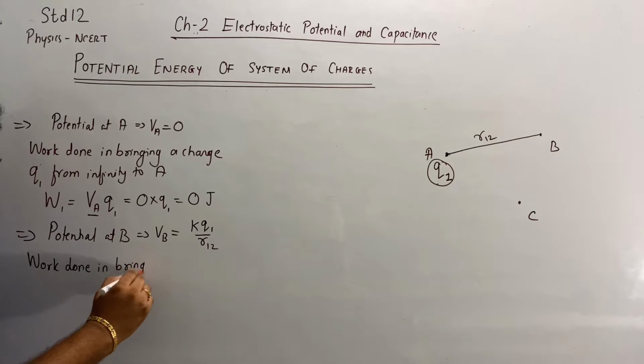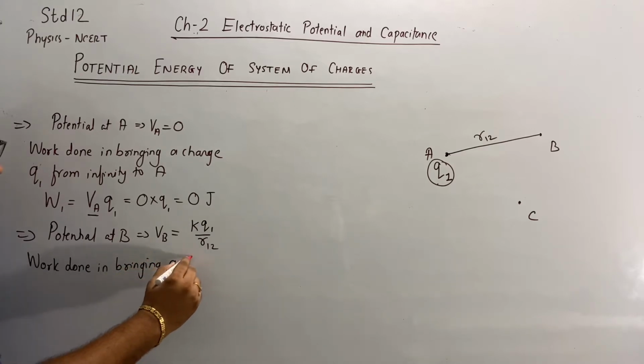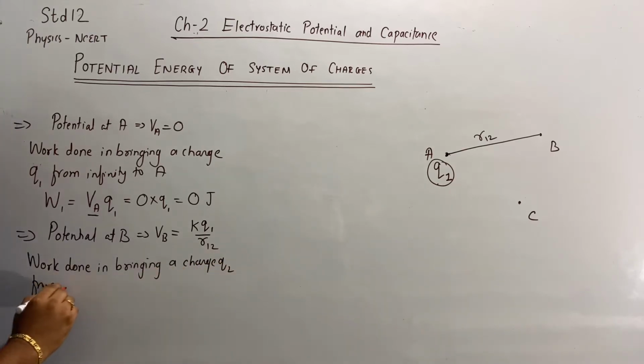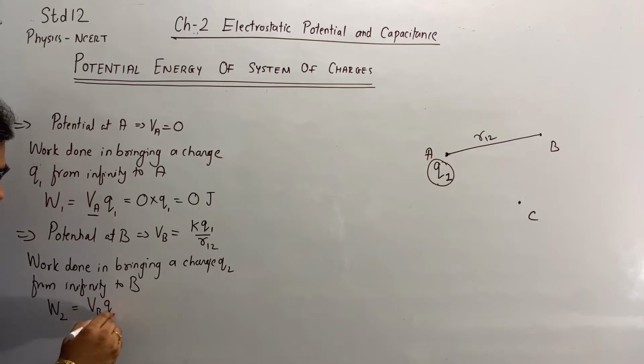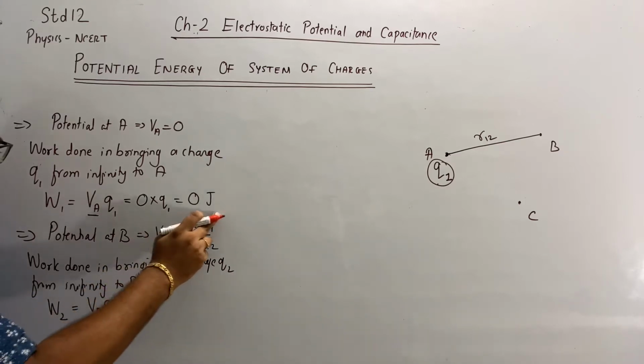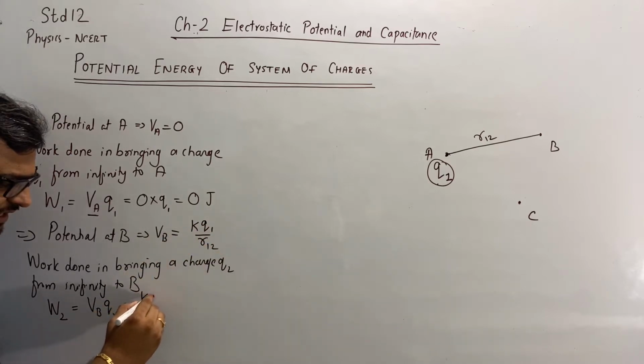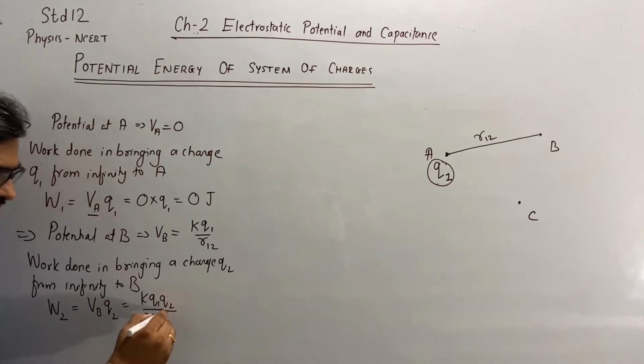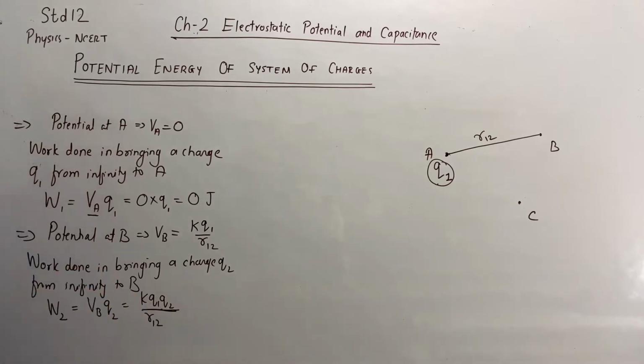Now work done in bringing a charge Q2 from infinity to B will be W2. This will be equal to potential at B into charge Q2. What is potential at B? KQ1 by R12. So this will be KQ1 by R12 into Q2, that is KQ1Q2 upon R12.